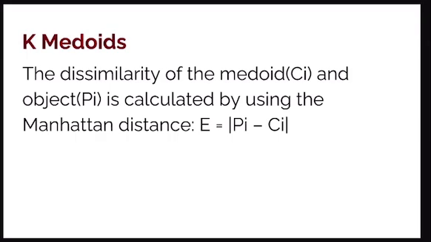That's why you're seeing here the absolute difference between the object and the data point that will serve as a medoid. The name of this distance is the Manhattan distance. But remember, in K-means we use Euclidean distance. So in the medoid, we're using Manhattan distance.